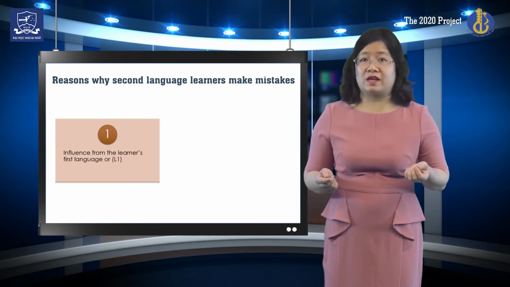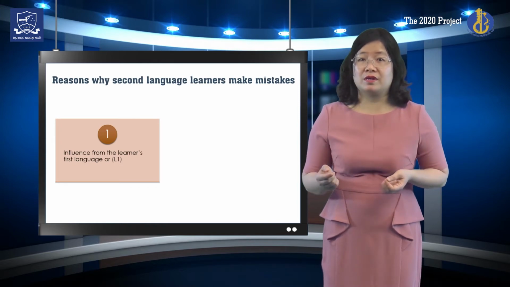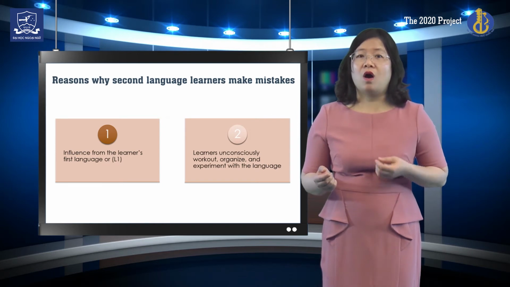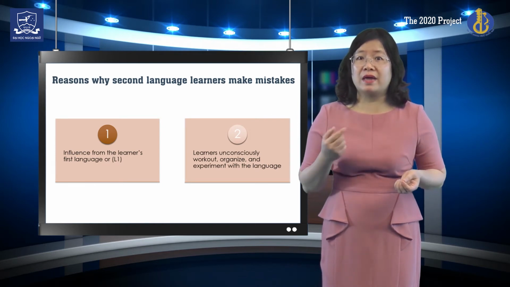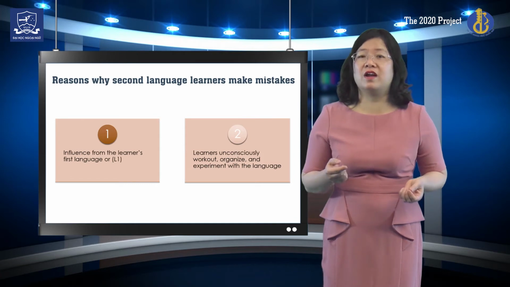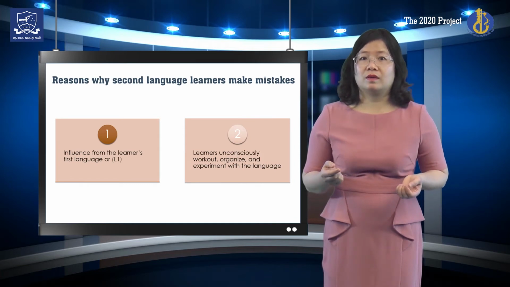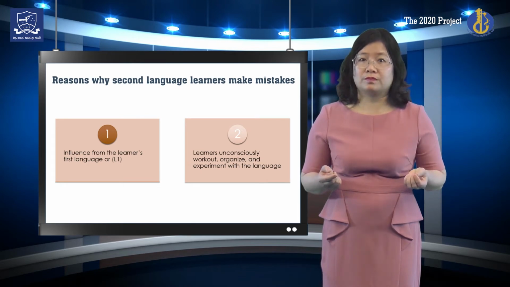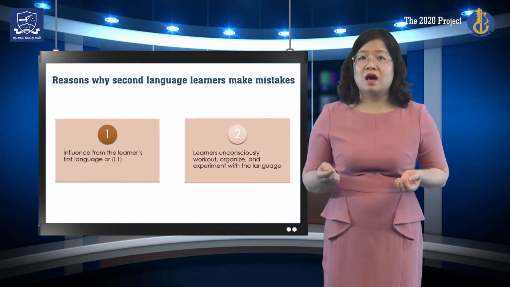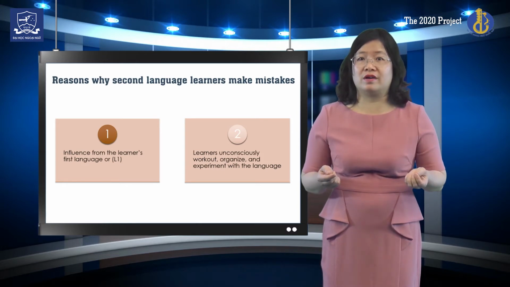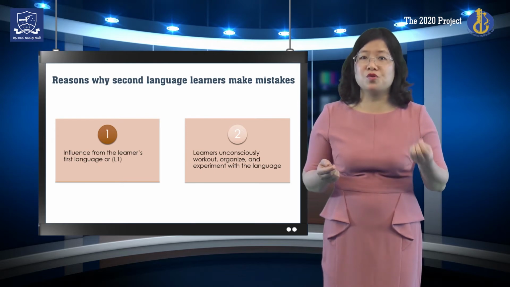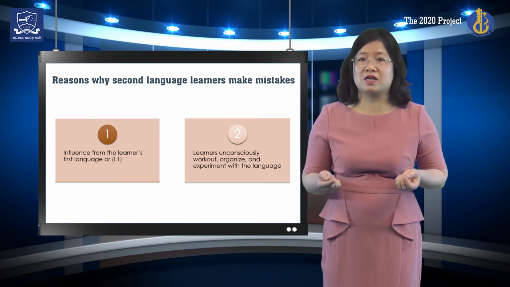The second reason why learners make errors is because they are unconsciously working out, organizing, and experimenting with language they have learned. This kind of error is called a developmental error. These errors are common to all learners and are often similar to those made by young children learning their mother tongue.